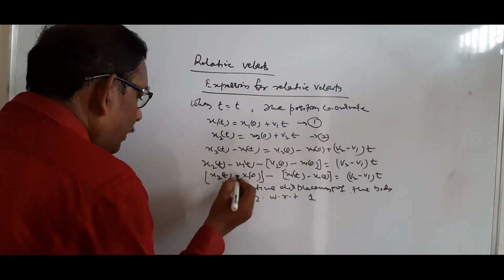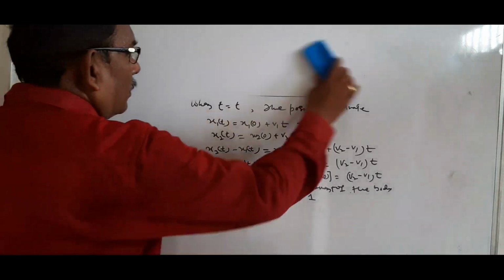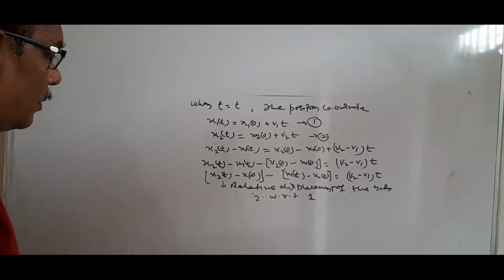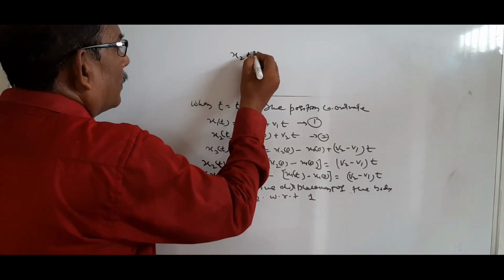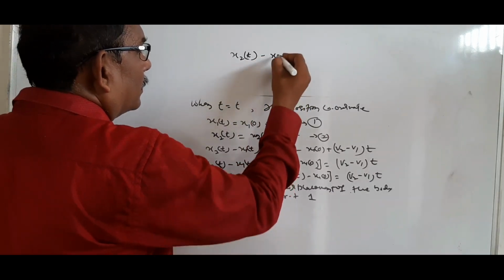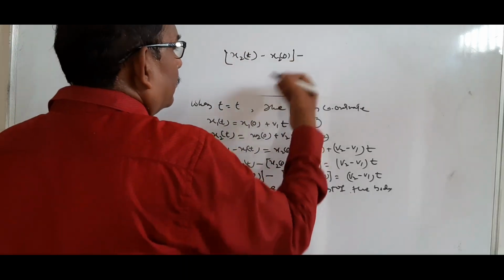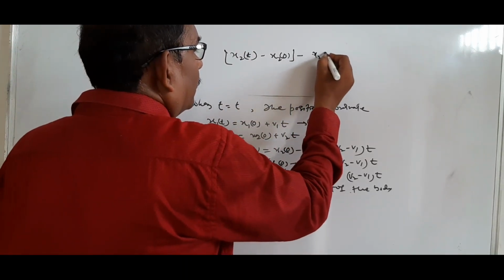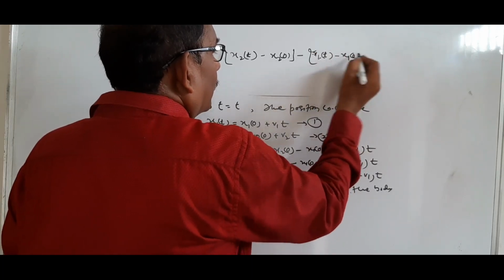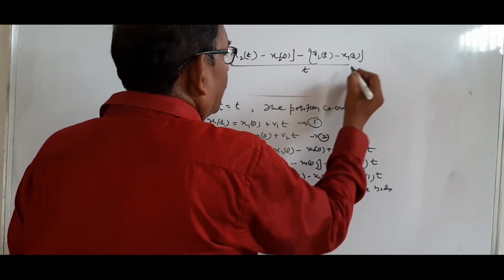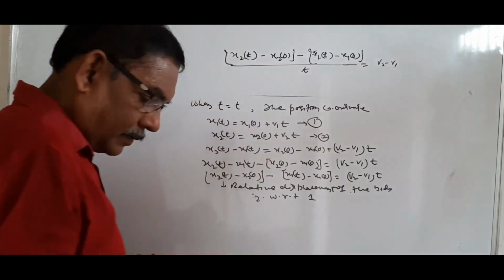So now we write it this way: x2t minus x20 minus (x1t minus x10), divided by t, gives v2 minus v1.